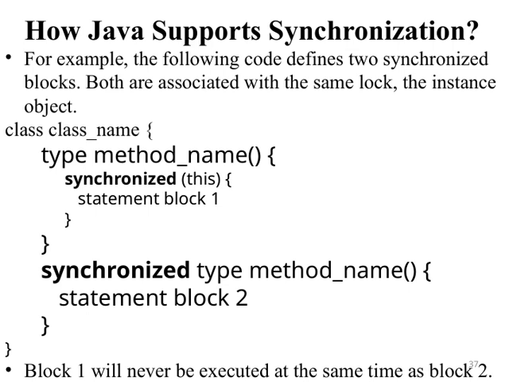Both are linked to the same lock, meaning they can't run at the same time. So block 1 will never execute simultaneously with block 2. This illustrates how Java ensures that critical sections of code are executed in a thread-safe manner, preventing race conditions and data inconsistencies, and it ties back to our overall theme of managing concurrency effectively.